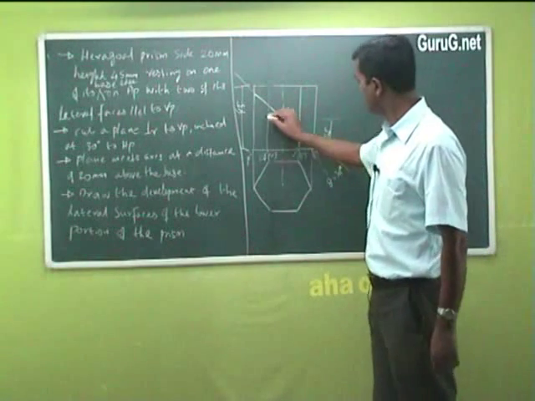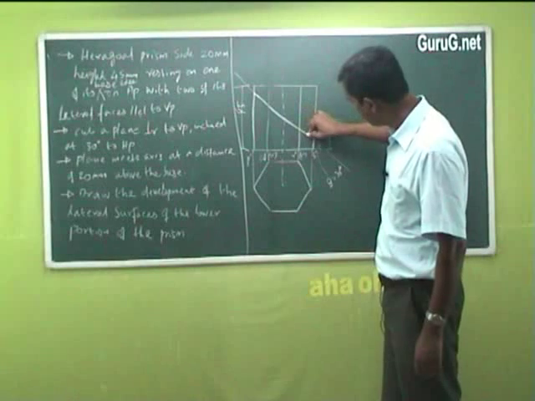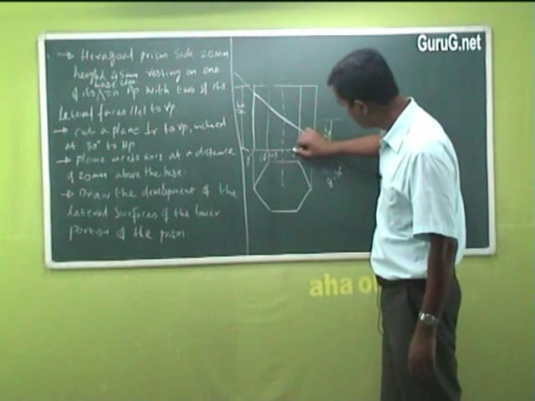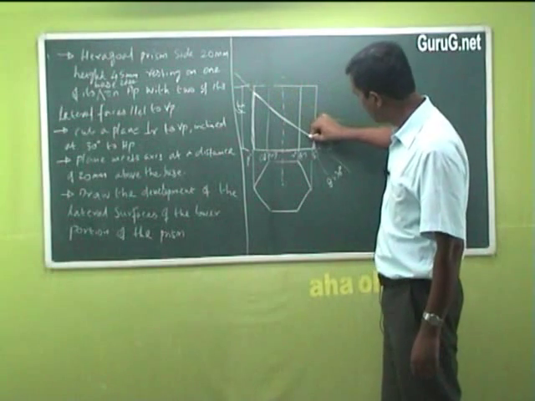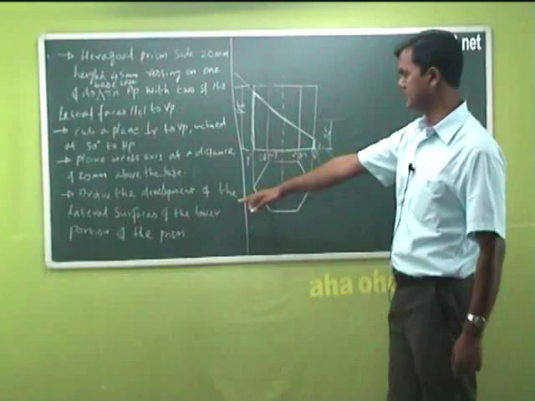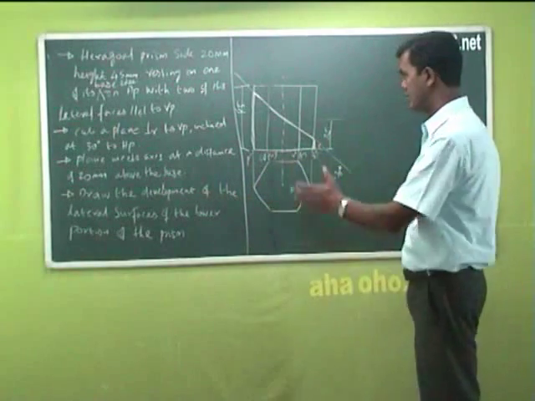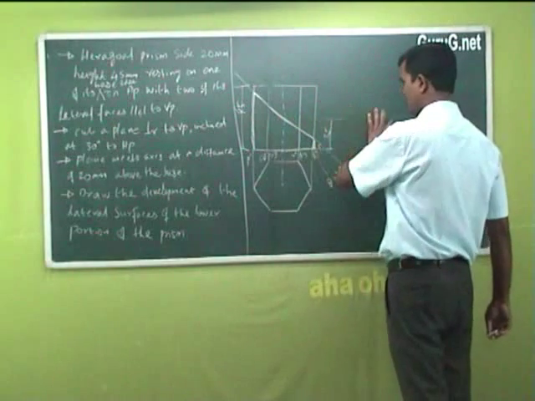Now this portion is your cut portion. What is asked is to draw the development of the lateral surface of the lower portion of the prism. The plane is cut like this, so this portion alone you are drawing.